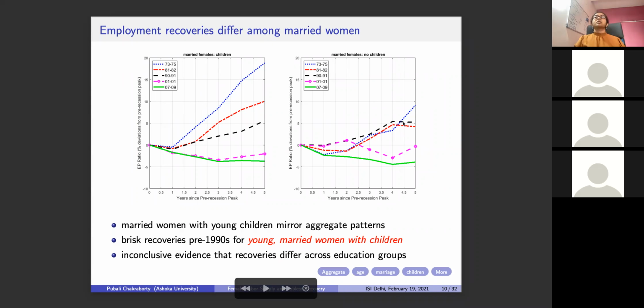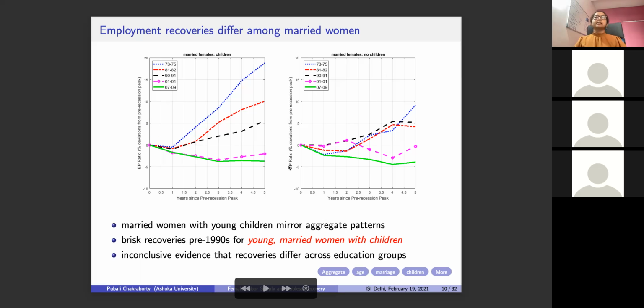Not so much is different with respect to married women with no children across these different recessions. And again, this effect is stronger for young married women with young children at home.